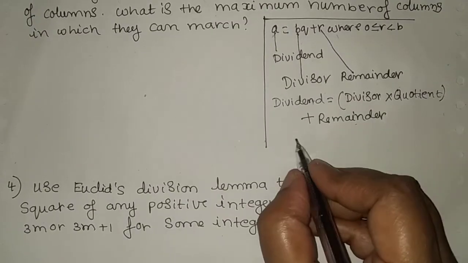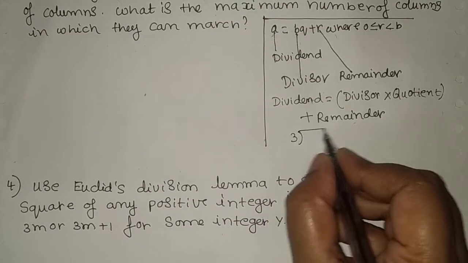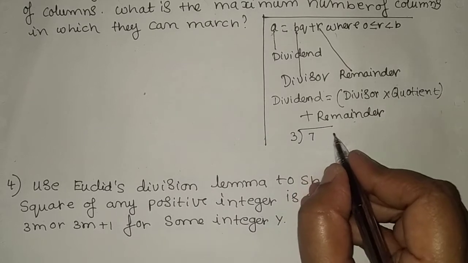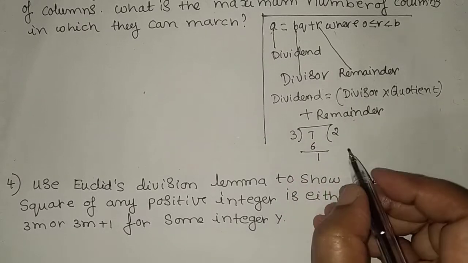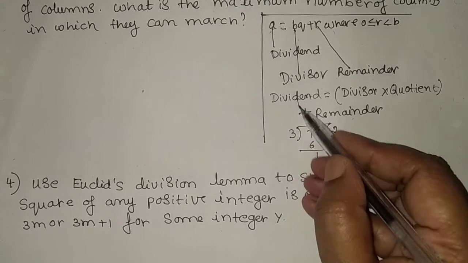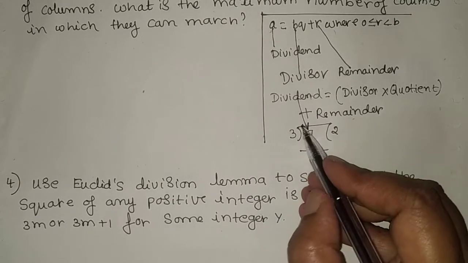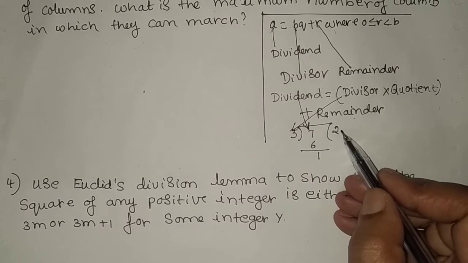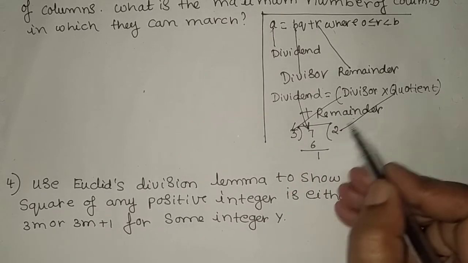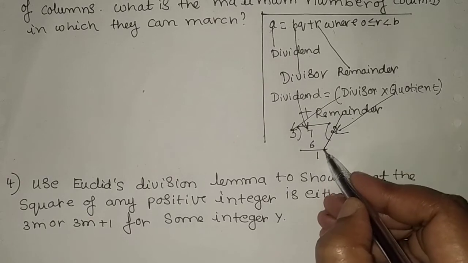So we see here 3 into 7: 3 2s are 6, and 1 is the remainder. So 7 is the dividend, 3 is the divisor, the quotient is 2 and the remainder is 1.